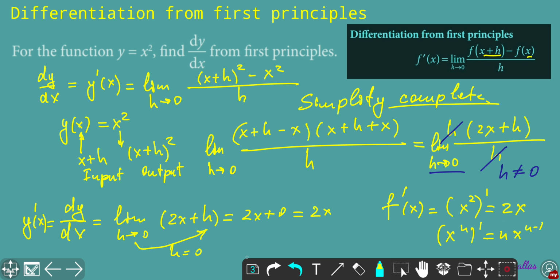So the final result, dy dx equals 2x, is the right answer. But we used the definition, so in an exam you are not supposed to apply this technique; you can use it as a hint to check your answer, which is a very useful way to check.